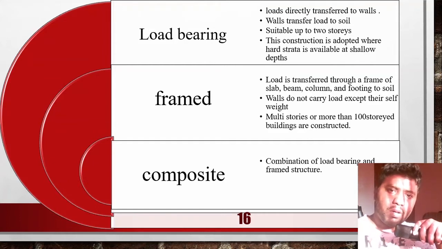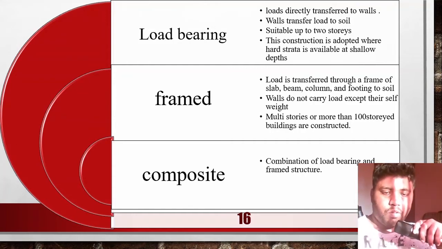What is live load? Live load is nothing but the load which is variable. That means if a person is moving, the moving load, we can call it live load. Dead load is nothing but the load which is the self weight of a structure.